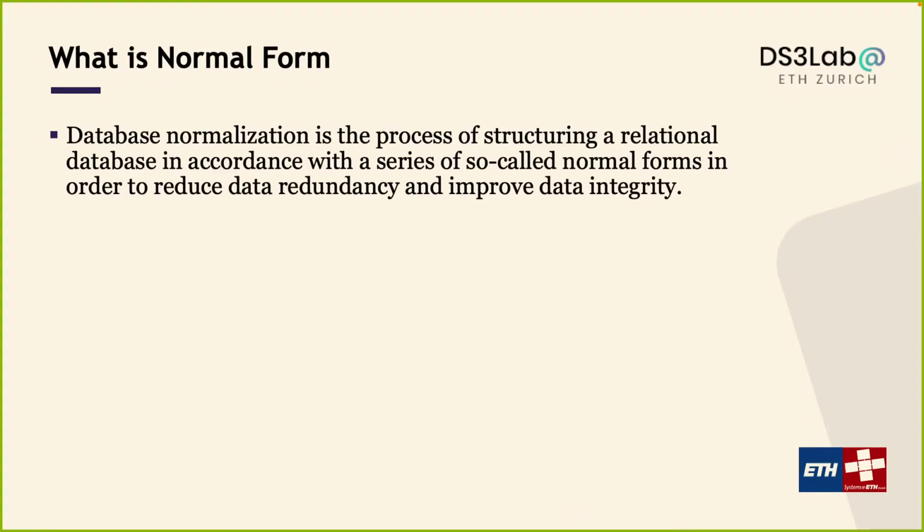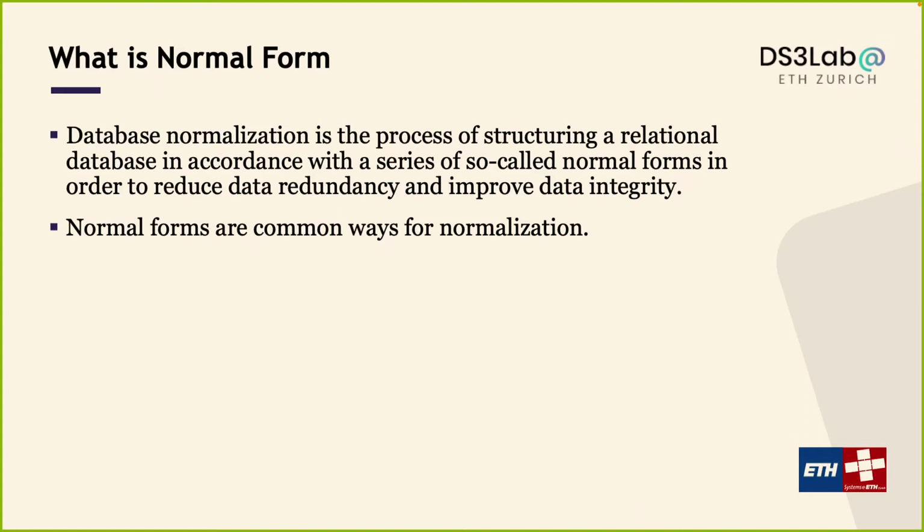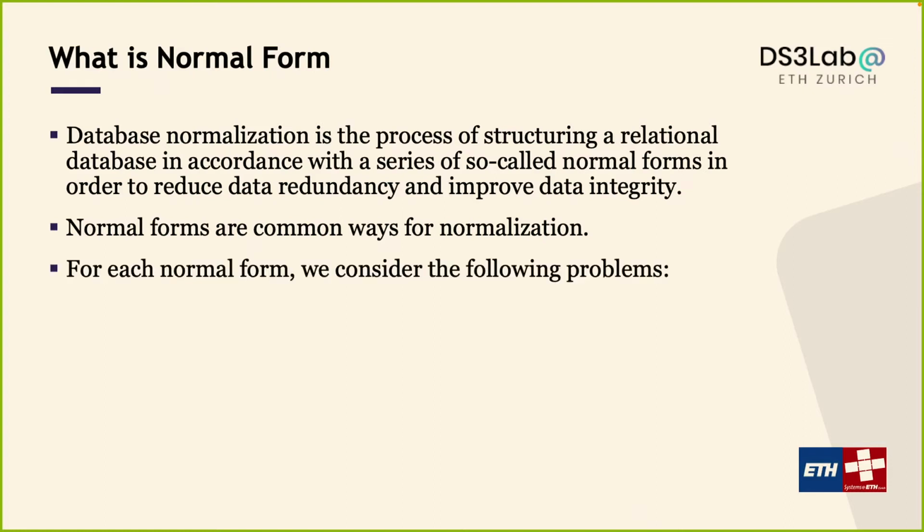Normalization is the process of structuring a relational database in accordance with a sequence of so-called normal forms, in order to reduce data redundancy and improve data integrity. Normal forms are just common ways that people do normalization.